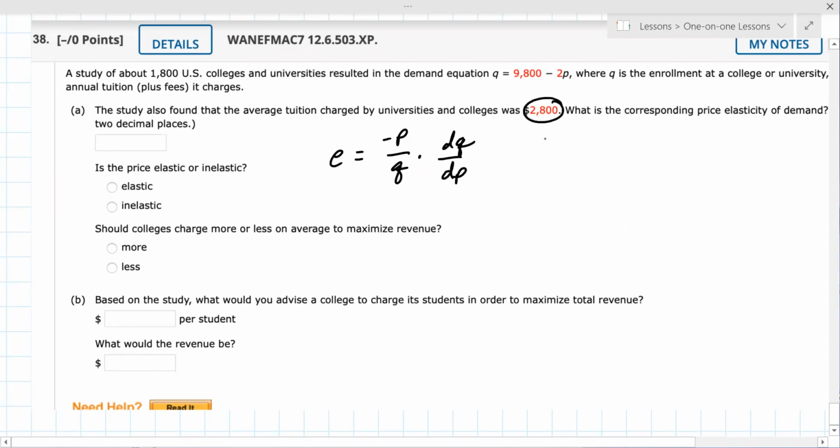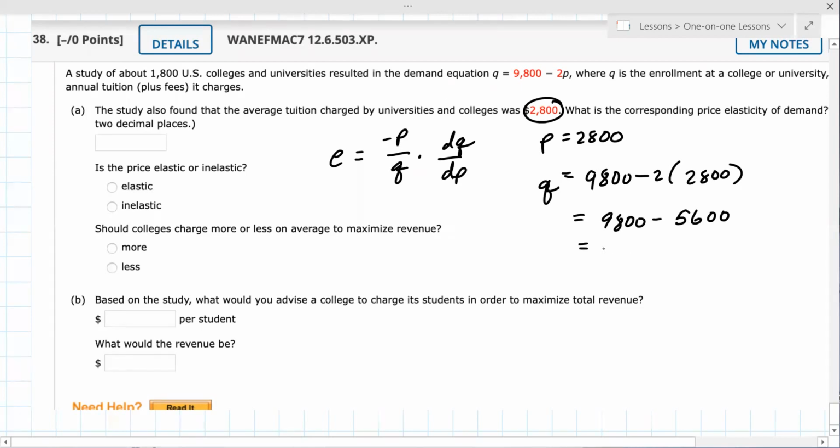So this is your P. P equals 2,800. Q is given up here. Q is 9,800 minus 2 times 2,800. Q is 9,800 minus 5,600, which is 4,200. So that's Q. We got 2 of the pieces. Now dQ dP, you're taking a derivative of this thing up here.